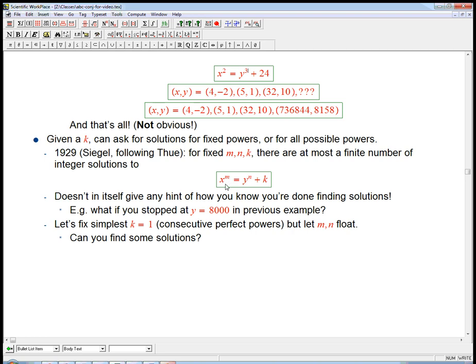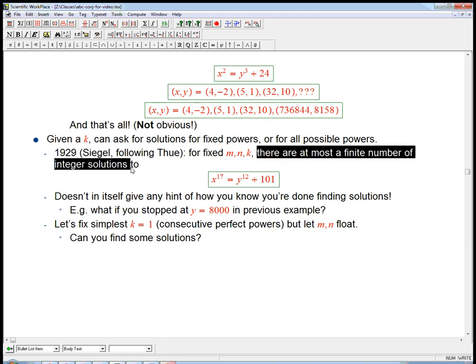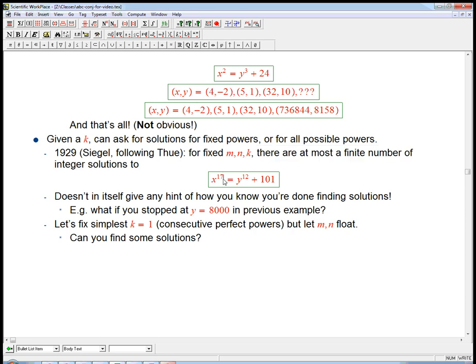Say you look at 17th powers and 12th powers that differ by 101. That's our equation. Then the Siegel result is that there are at most a finite number of integer solutions to that. That's already a very, very big result. That's exactly the kind of qualitative result you'd like to start with in mathematics. It's a big, big deal, even though you might want to go further than that.